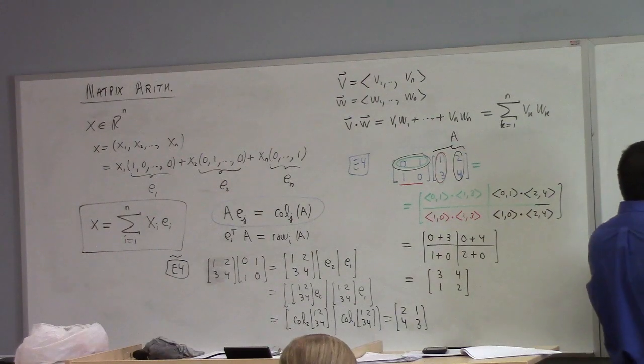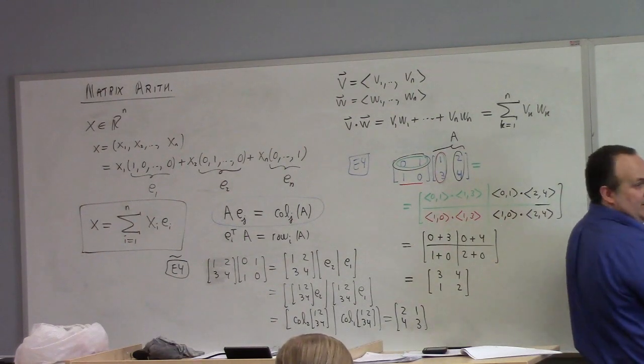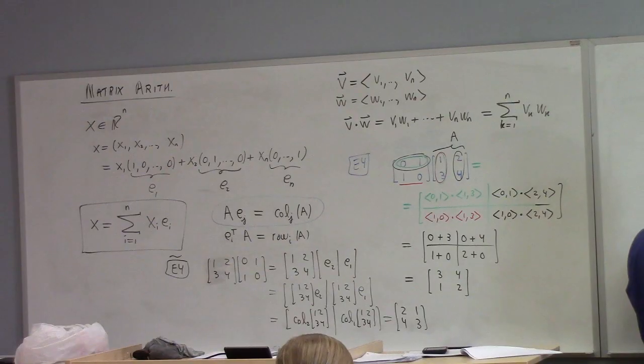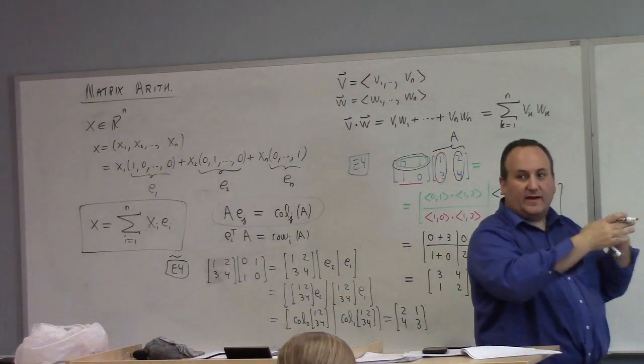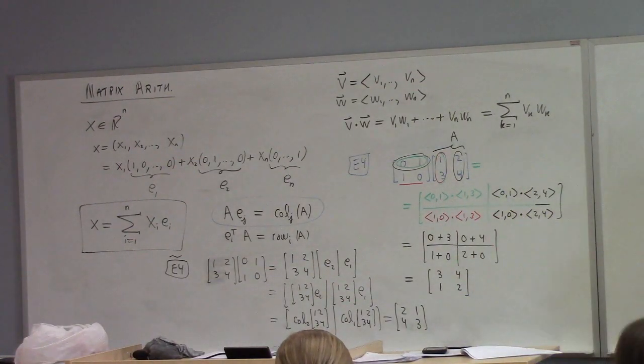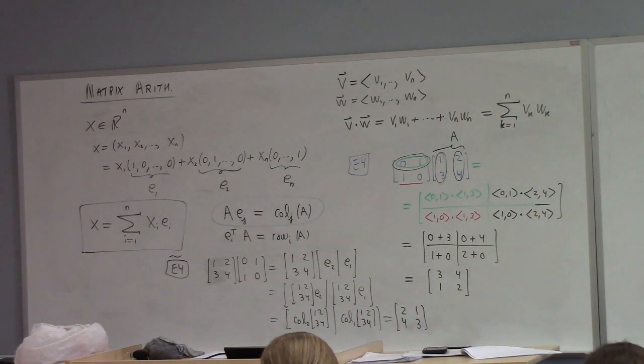I'm going to call this A. What is this? This is E1, E2, E3 in 3 dimensions, right? So by the column by column rule, this is equal to AE1, AE2, AE3. Wait a minute. This is column 1 of A, column 2 of A, column 3 of A.